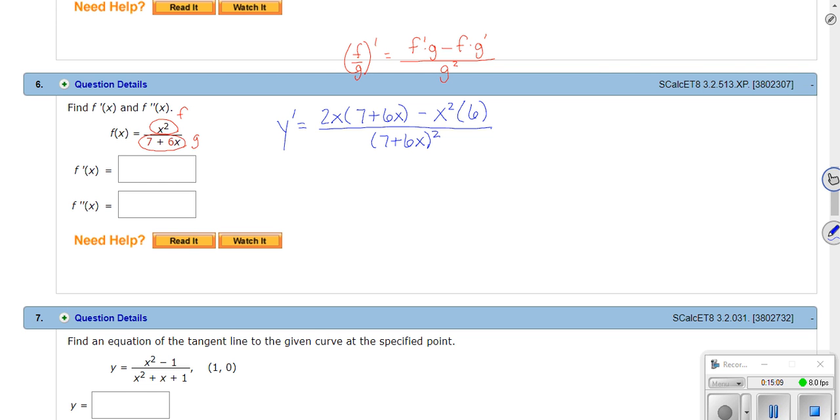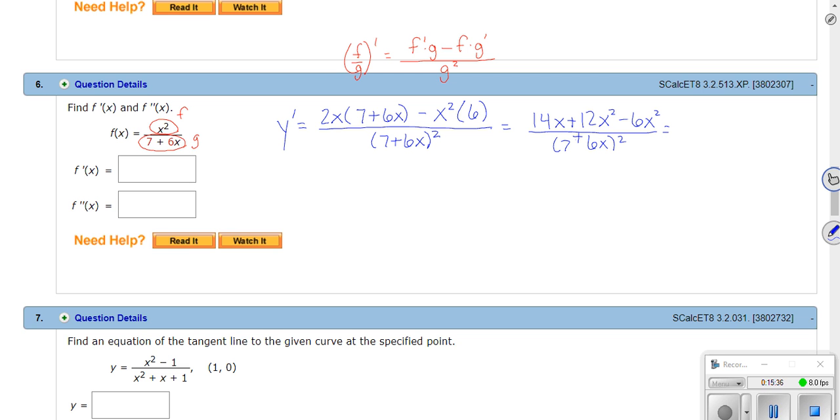So if I simplify this, I've got 14x plus 12x squared minus 6x squared all over, whoops, I'm not sure what just shifted. Okay, so I don't know if I need to simplify that or not.